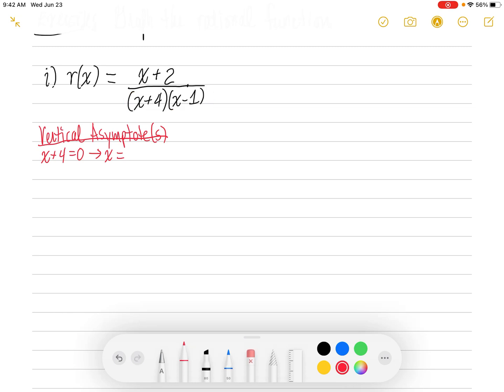I'm going to get x equals minus 4. That has an odd multiplicity, right? Why is it an odd multiplicity? Because the multiplicity is 1. That's basically the power above x plus 4. You can imagine there being a power of 1.